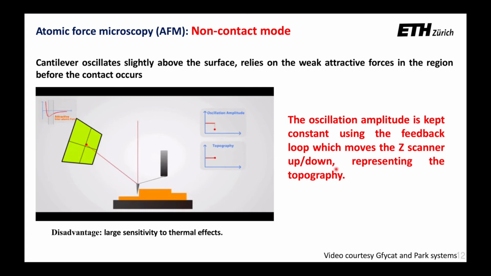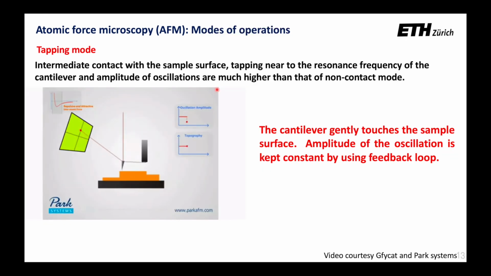Which moves the Z scanner up or down depending upon the topography. So this non-contact mode is very rarely used because it relies on the weak attractive forces and it's very sensitive to the thermal effects. The most widely used mode of operation is tapping mode or intermediate contact mode.